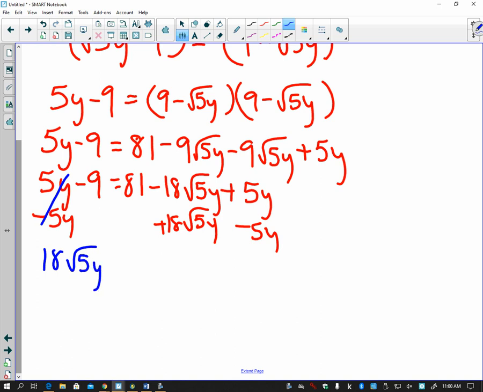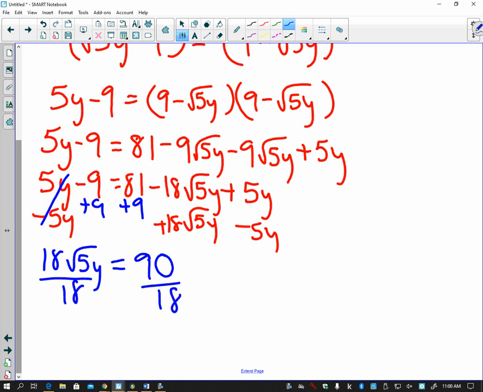We also want to add 9 to 81. So what does that equal? 90. Okay, so when we get to this step, divide by 18 on both sides.